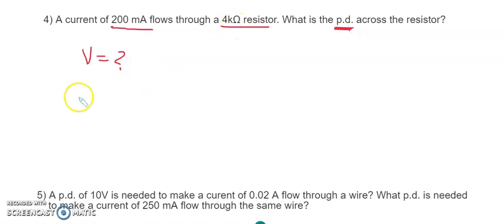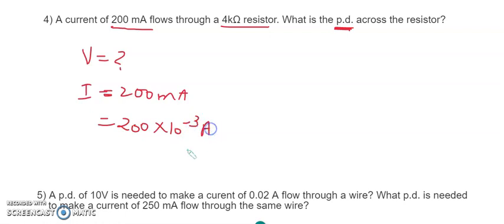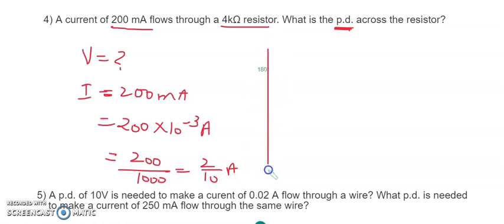Okay. So here current is given to be 200 milliampere. Again, milli means 10 to the power minus 3 ampere. So that will be 200 divided by 1000, which will give me 2 by 10 ampere, right? I'm keeping it in a fraction because it's easier to work with. You can change it into decimal if you're comfortable.